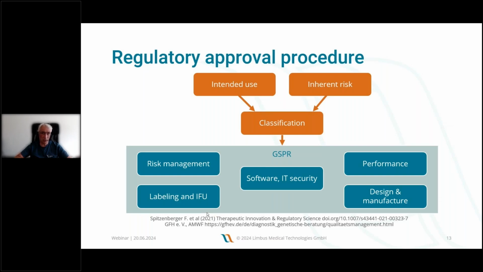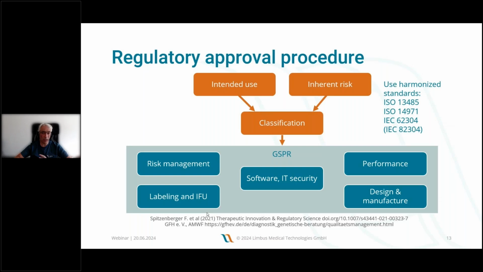When you read these general requirements, your first reaction is probably, these are so general, how should I apply them to my specific test? The recommended way to demonstrate compliance is to use harmonized standards.